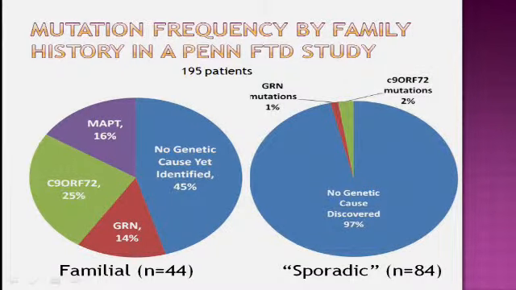The chance of finding something depends on family history, and of these two pie charts, the one on the left shows a subset of cases that we classified as familial, and then we looked to see whether or not we found tau, C9orf72, or progranulin mutations. As you can see, about 55% of cases had mutations in one of those genes, but about 45% didn't.